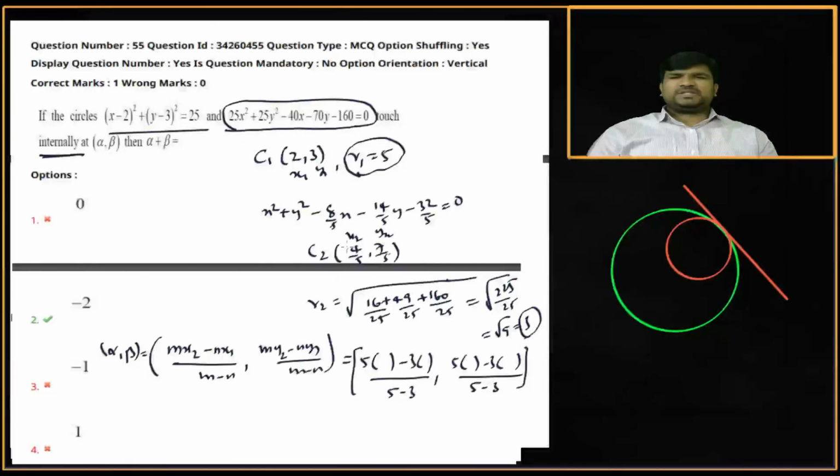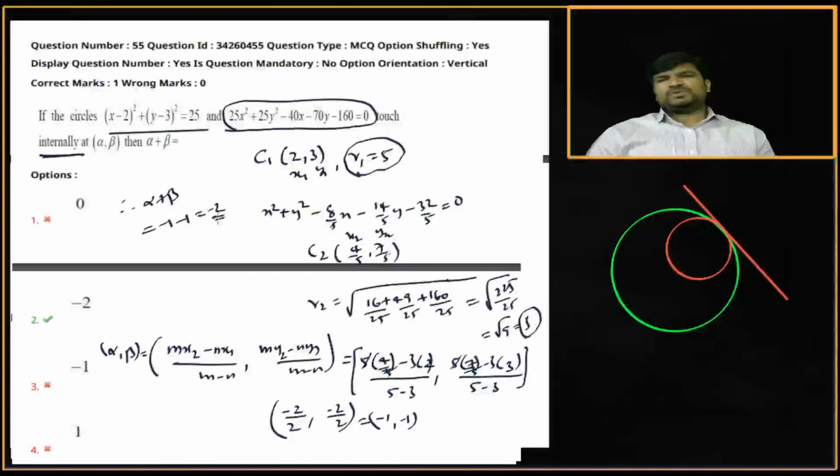The 5s cancel, so 4 minus 6 is minus 2, divided by 2. And for y, 7 by 5, the 5s cancel, 7 minus 9 is minus 2 by 2. So (minus 1, minus 1). Our alpha, beta is (minus 1, minus 1). Therefore alpha plus beta is minus 2, so the second option is the right option.